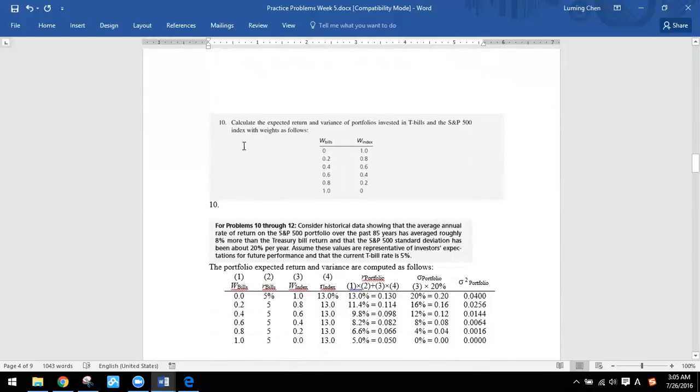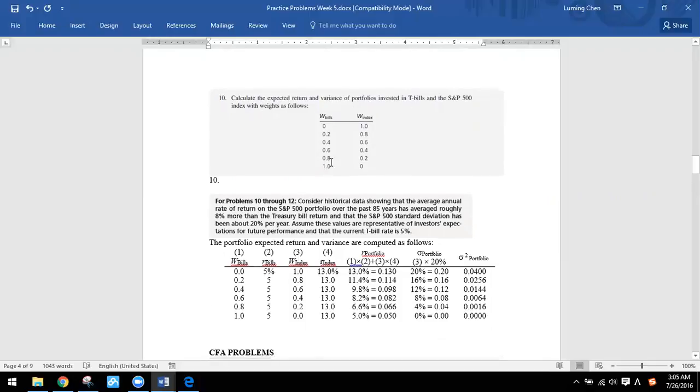Number 10, calculate the expected return and variance of portfolios invested in T-bills and the S&P 500 index with weights as follows. So we have to calculate different portfolios. There are 1, 2, 3, 4, 5, 6 portfolios with Treasury bills and S&P 500 index.